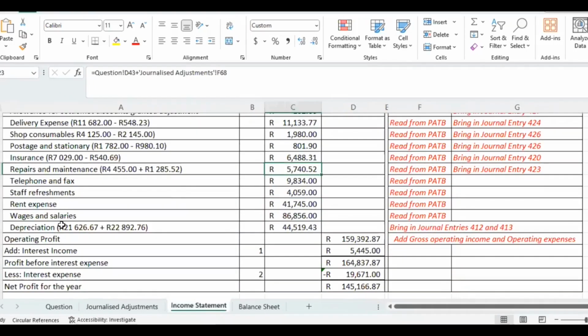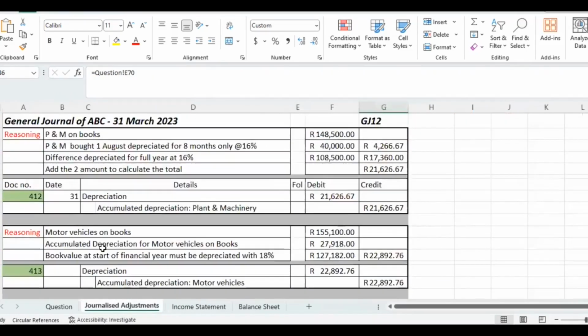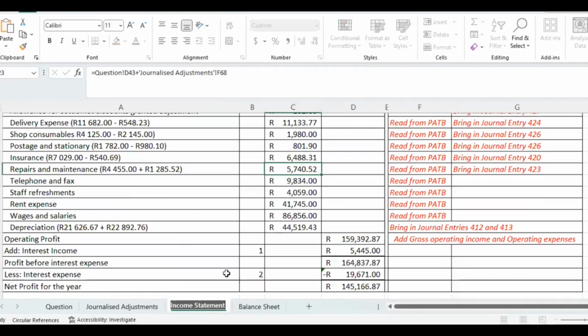So now we say, okay, that depreciation is the sum of the depreciation on, I think it was plant and equipment we called it, and vehicles. We can just go and have a look. The one was for plant and machinery, we called it machinery, not equipment, and the other one was for motor vehicles. Okay, and of course, in our income statement, we treat depreciation as an expense. Therefore we add the two together and we get to 44519.